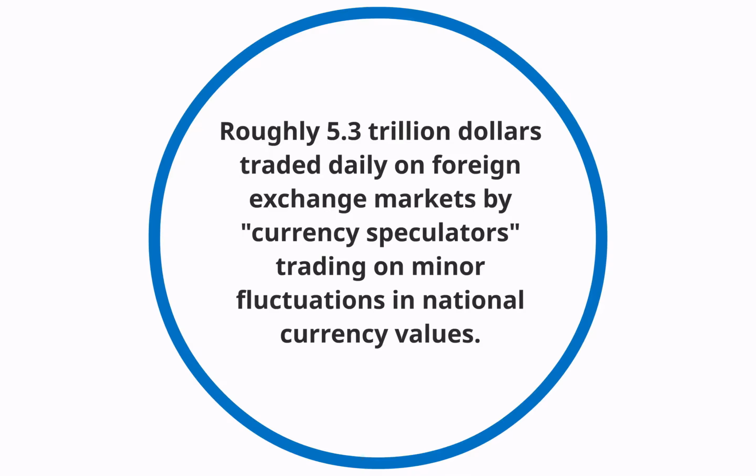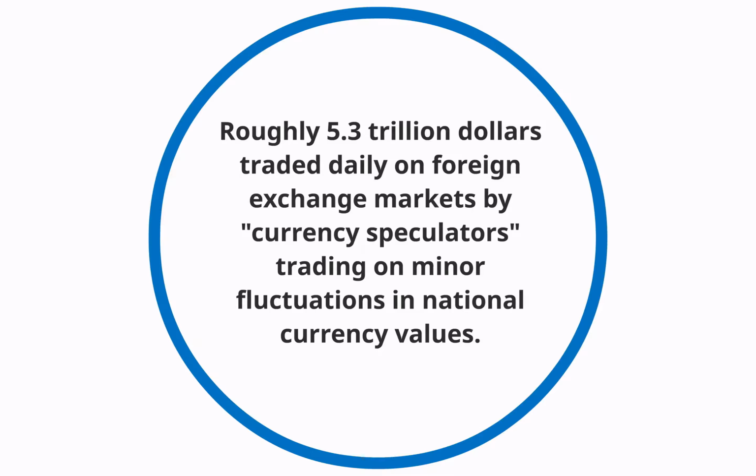So currency speculation is something that happens, and because of the volume of money that needs to be utilized to take advantage of those tiny little fluctuations, it's a huge amount of money. So in foreign exchange markets daily, there's 5.3 trillion, with a T, dollars that are traded. And that's an estimate because there's so much money being traded so quickly that we really can never know, right?